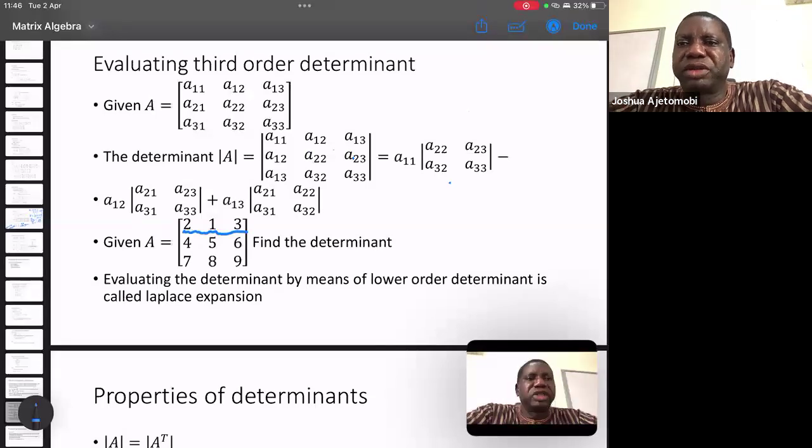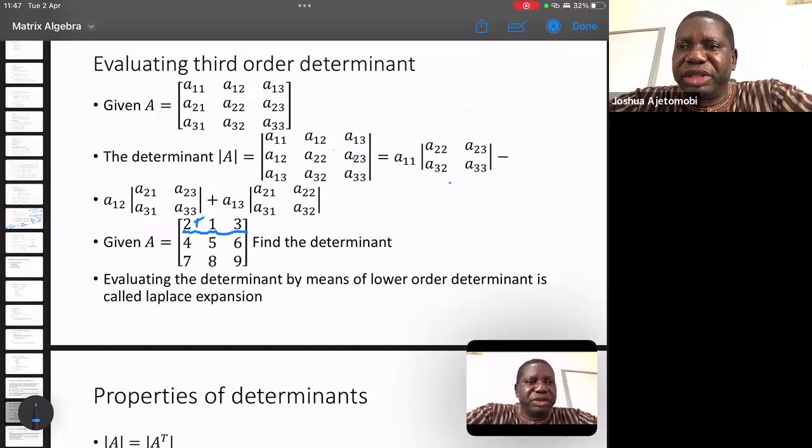That is what is called cofactor, but don't worry, you will soon get to it later. It is a signed minor, but for you to understand the sign, for now, let us use a rule of thumb. Start with plus here. Positive must not follow positive, and negative must not follow negative. And the first one here must be positive.